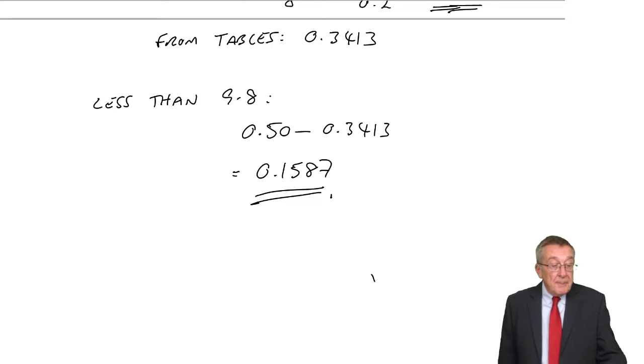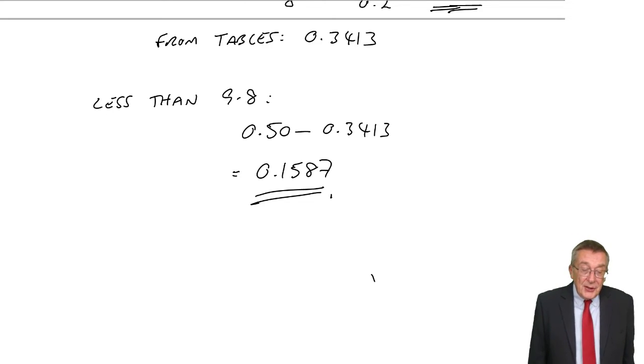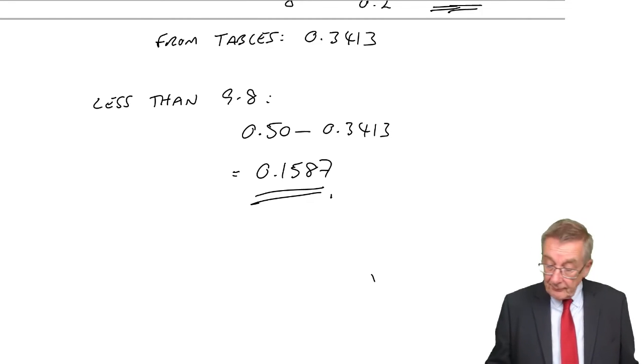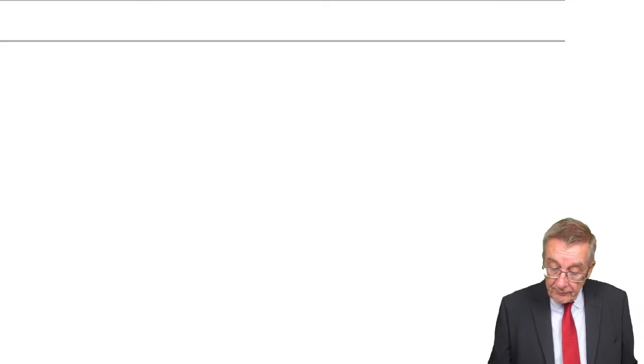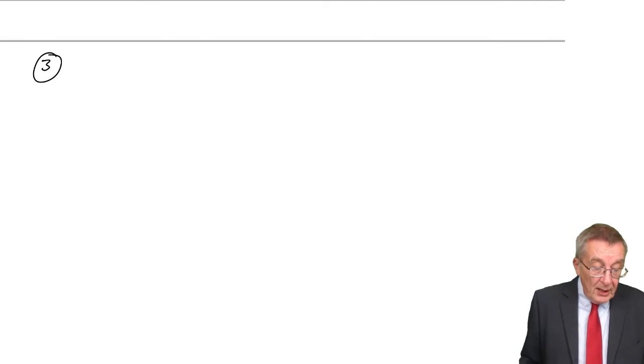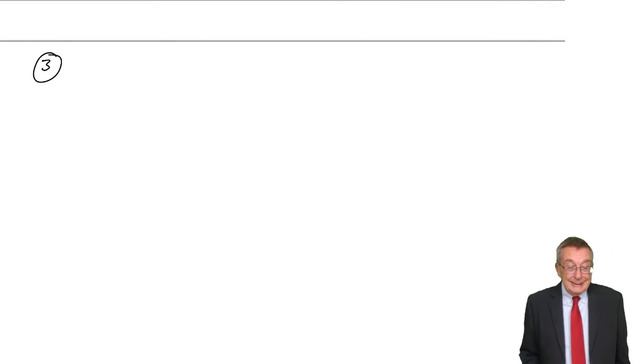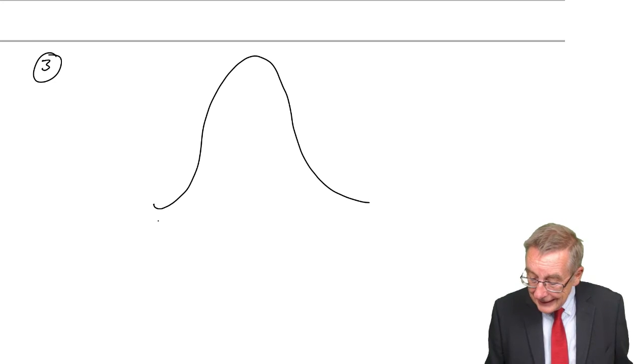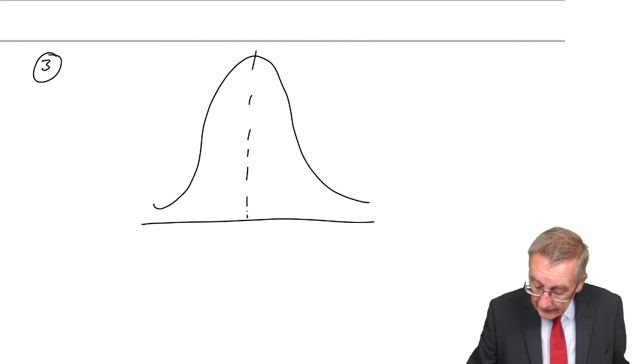So it's not hard. Just one thing though that could happen is having to use the tables backwards. Look at example 3. For the same question, it's asking us to work backwards. Remember our normal distribution. There we are.